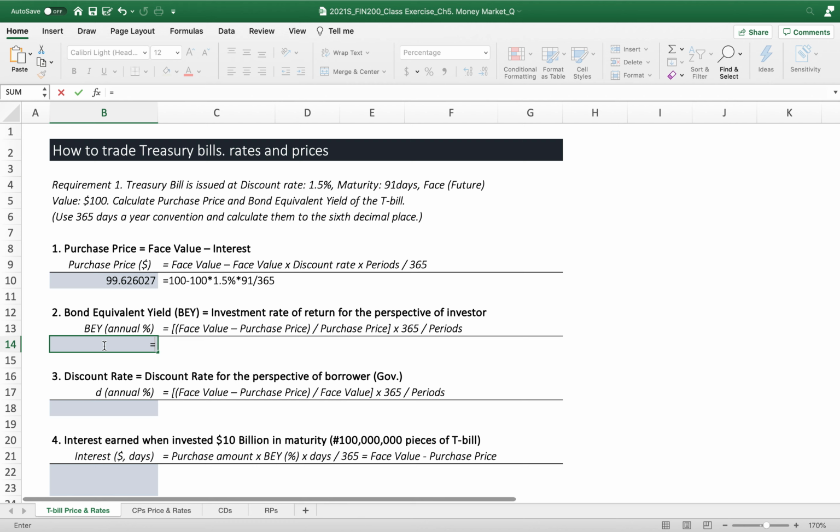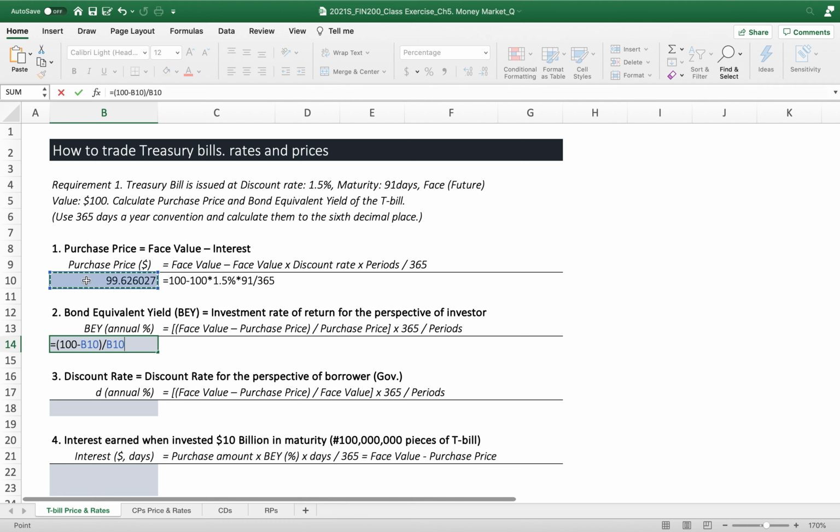Oh, let me make the parentheses. This is the face value, and then I don't type down because there will be more decimals, but I just want to use this cell, and then divided by, right, which one do we need? Purchase price. Don't put the face value there because we want to get the investment yield. The starting point should be, right, this purchase price.